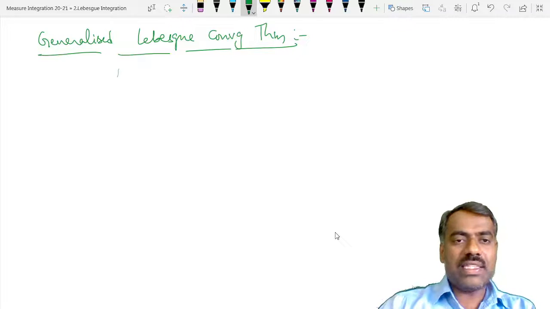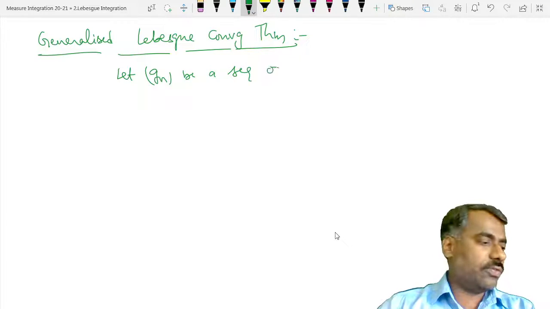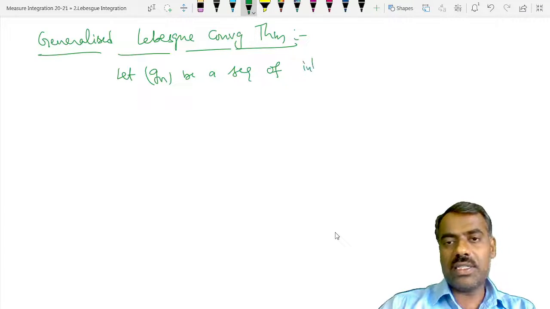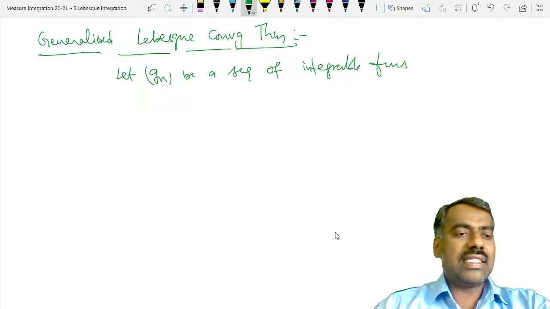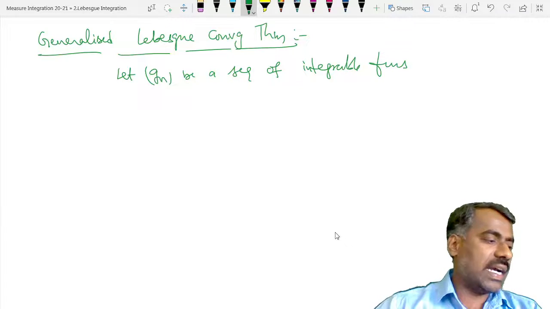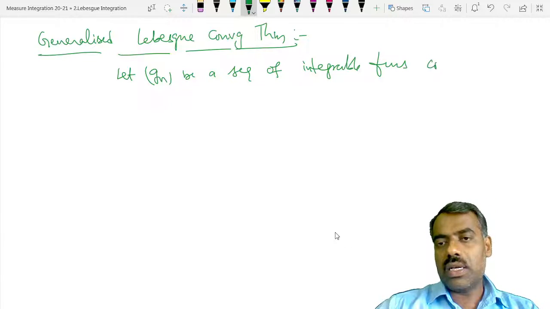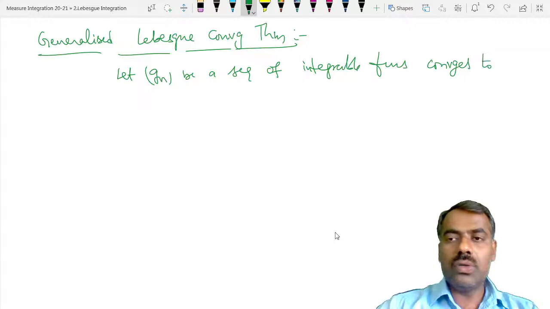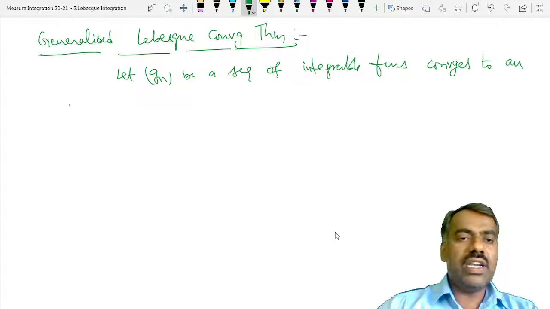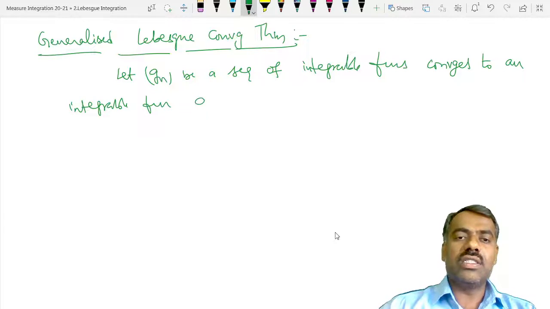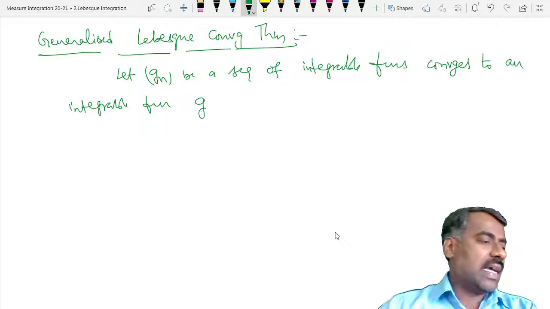Let gn be a sequence of integrable functions such that gn converges to an integrable function g almost everywhere.